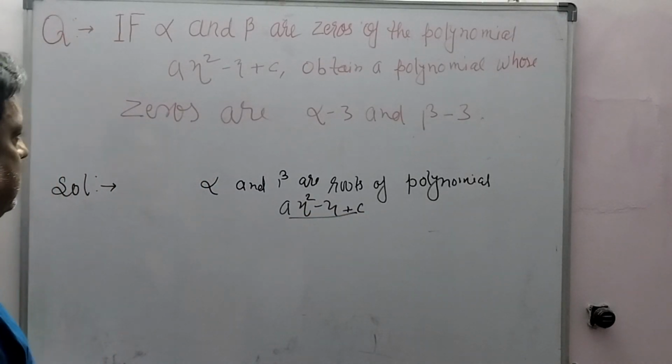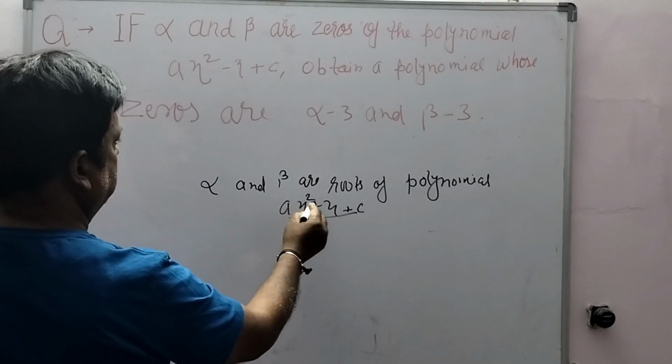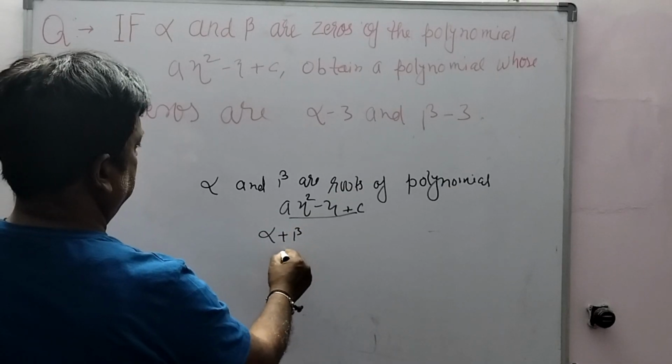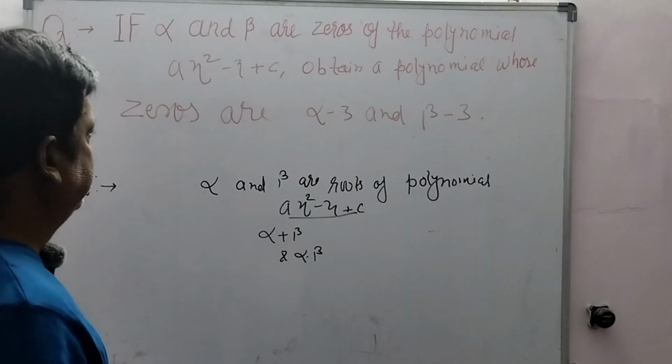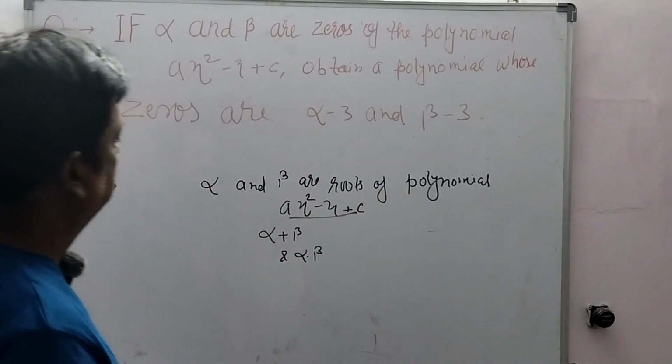Then first we find alpha plus beta and alpha into beta, and in the same way we have to find alpha minus 3 and beta minus 3.